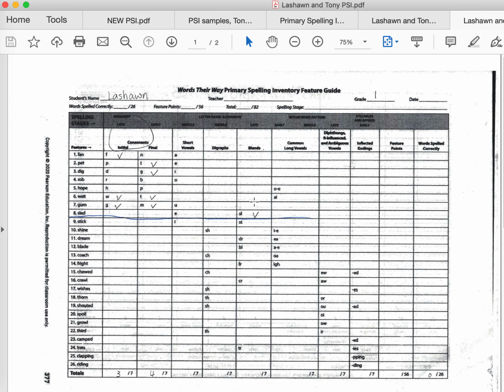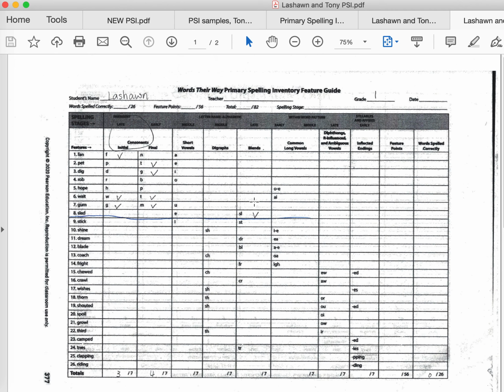Can you make a guess? Perhaps the SL blend was featured in a whole class reading of a picture book and was followed by a class word lesson on words beginning with this blend, right? So while the left to right developmental sequence on spelling inventory feature guides represents typical spelling development, students sometimes differ in what they understand first.